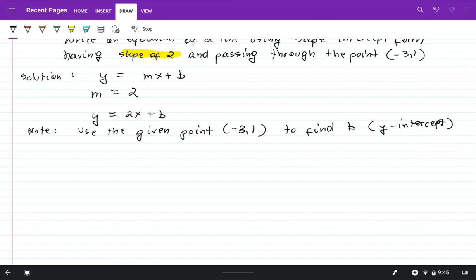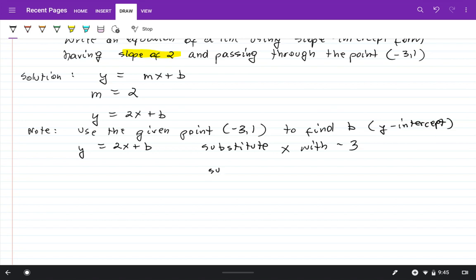We're going to take the equation y equals 2x plus b, and we're going to substitute x with the x coordinate of the given point, which is -3.